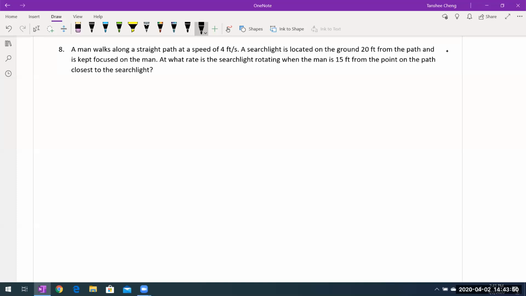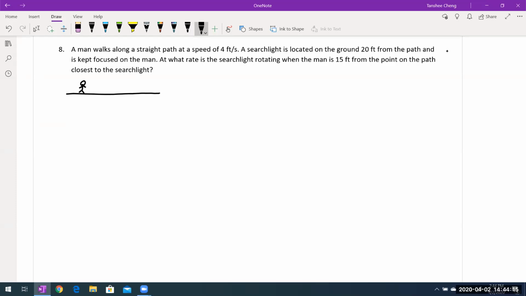So here's a straight path, and a man is walking. There is a searchlight that is located on the ground, 20 feet from the path.